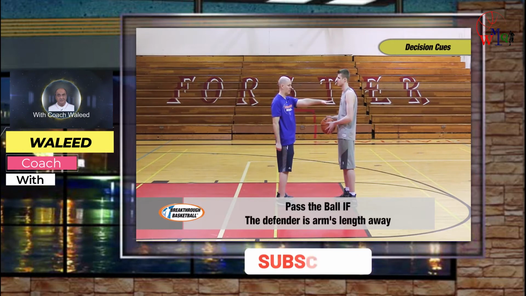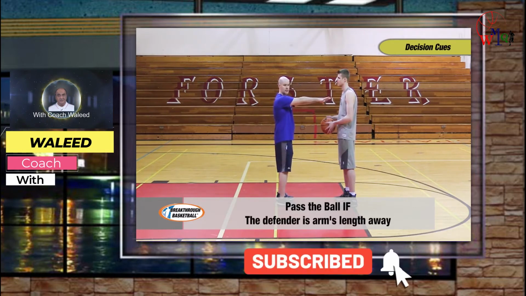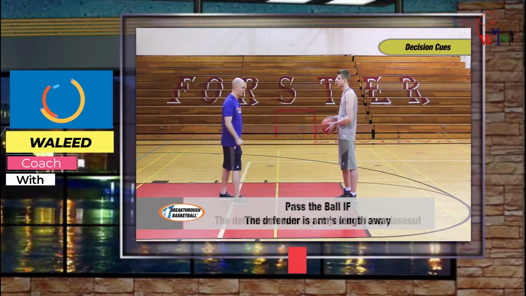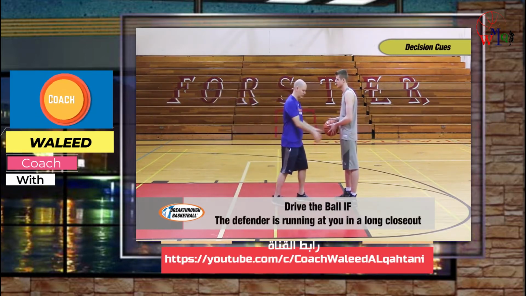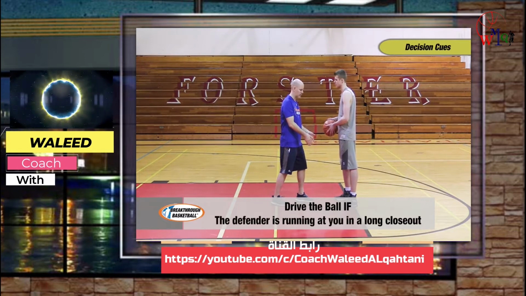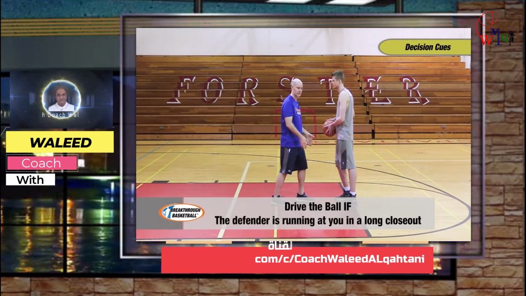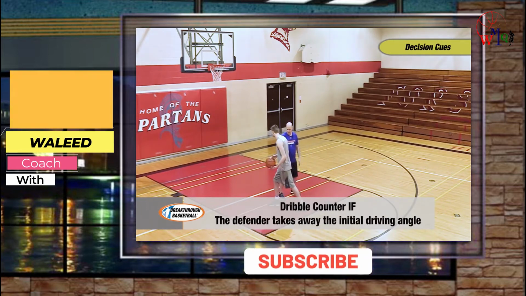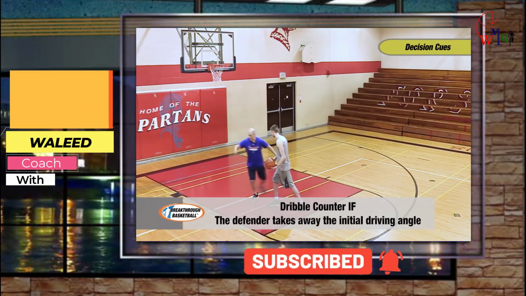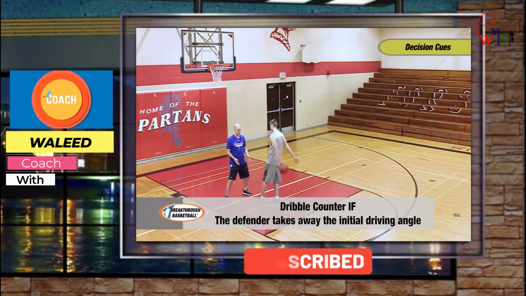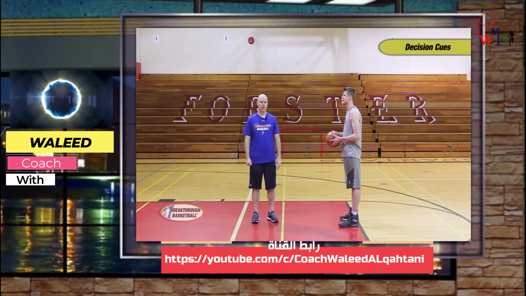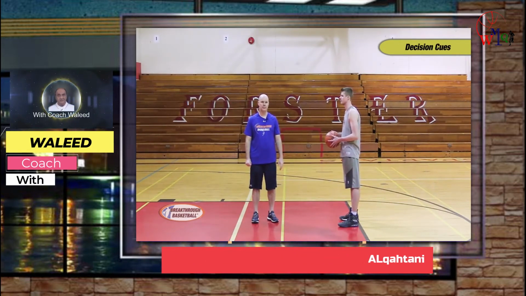If a defender is arm length away, then you're going to make a decision to pass the ball. If a defender is running at you, then your decision on a long closeout is to attack. If an offensive player attacks with a live dribble and the defender reaches and gaps and gets chest to chest, then the decision is to counter. Those 4 decision cues are the building blocks of everything else we do with basketball decision training.